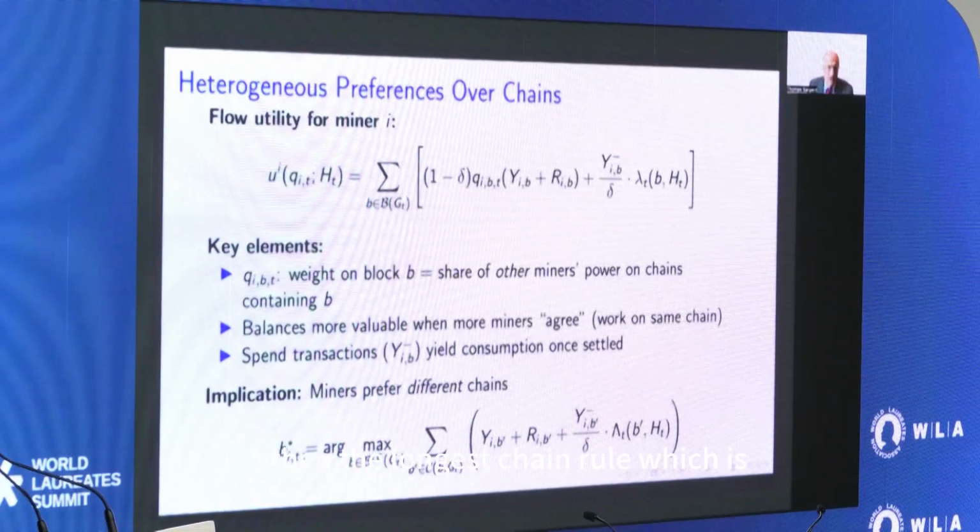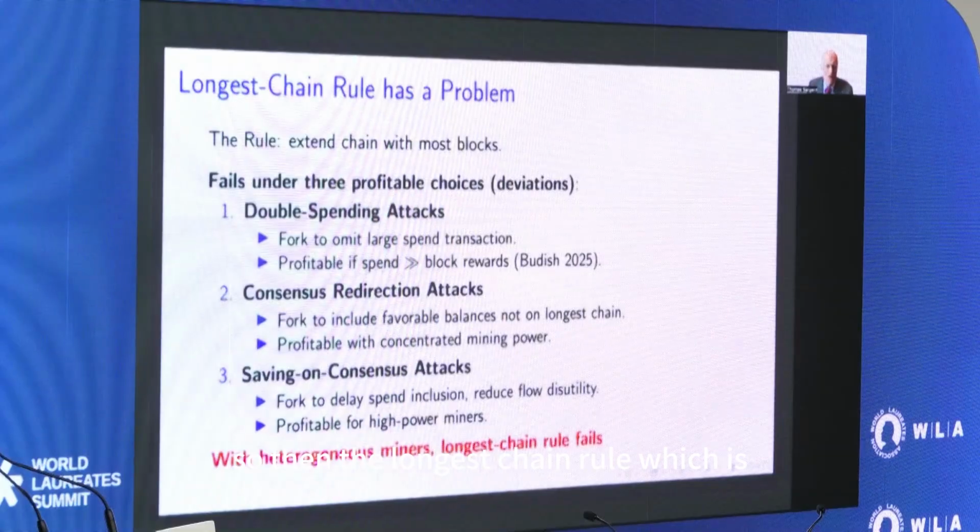Then the longest chain rule, which is widely used, has a problem. What's the rule? Extend the chain with the most blocks. That's what's supposed to be done. It fails under three kinds of profitable deviations from the equilibrium. When it's profitable for people to deviate, that breaks the equilibrium. There's something called a double spending attack. These are famous. There's a way to do it, and this slide tells you how. It's close to pseudocode.